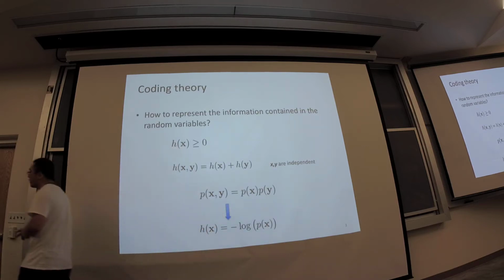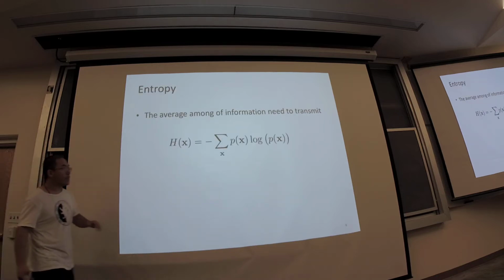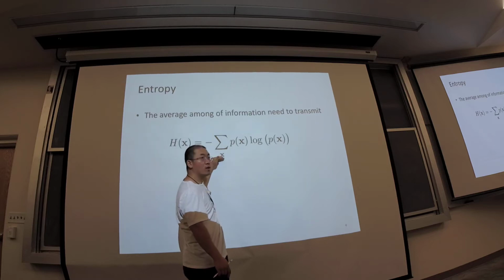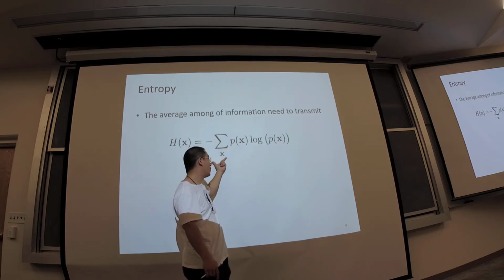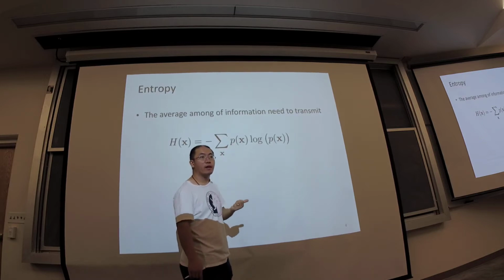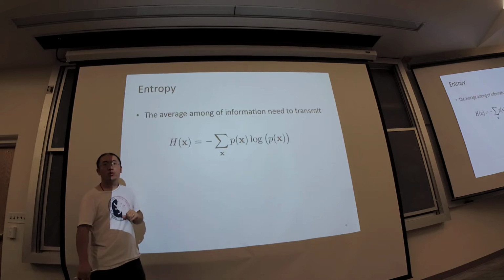So I take expectation over the random variable x, that is the summation over all the possible values the random variable x can take, weighted by the probability. So that's where the entropy comes from.